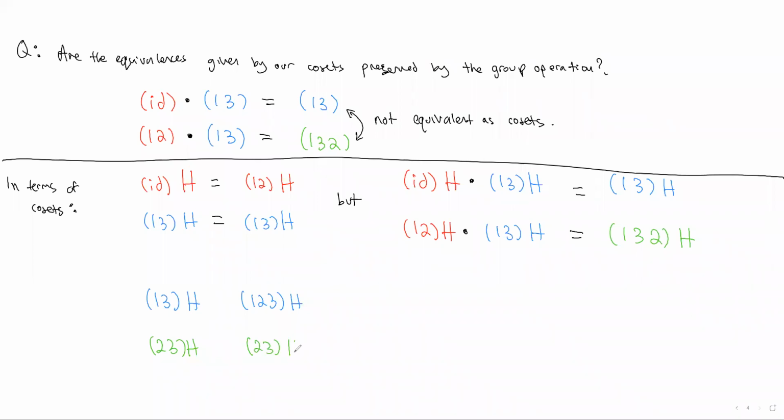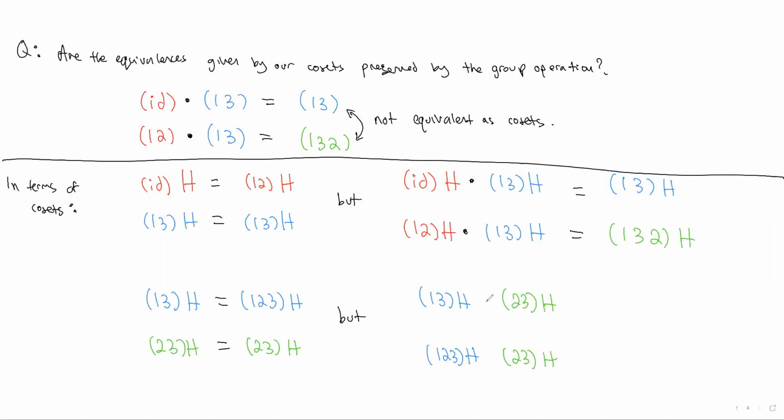But are their products equal? They should be, because products should preserve equality. But let's see. So (1 3) times H, (1 2 3) times H. And then here's (2 3) times H, again (2 3) times H.